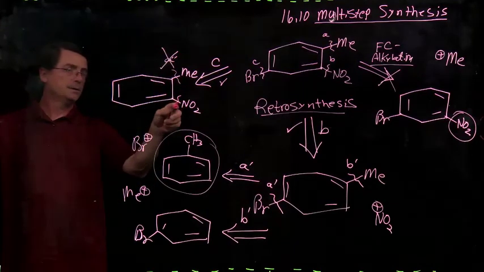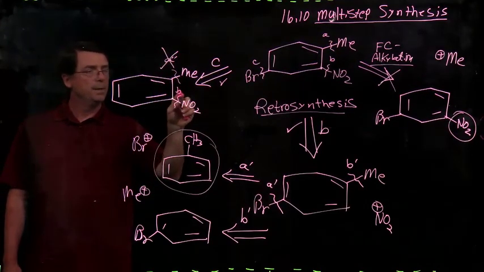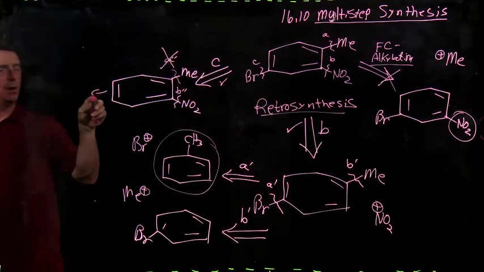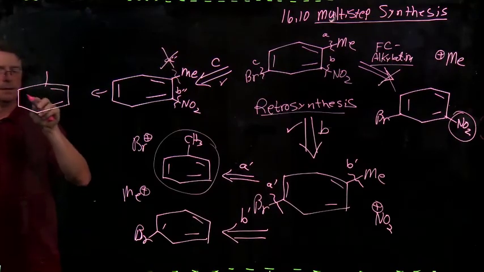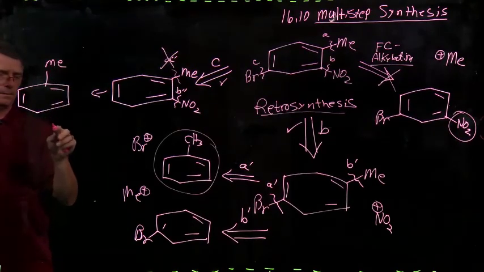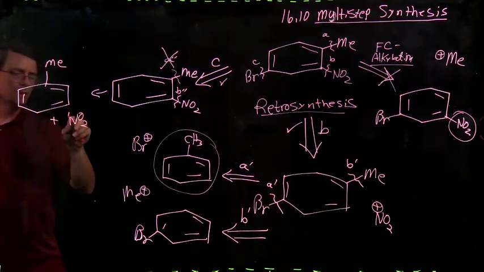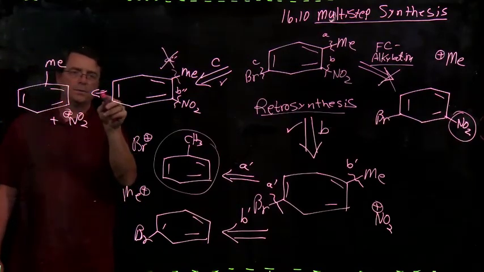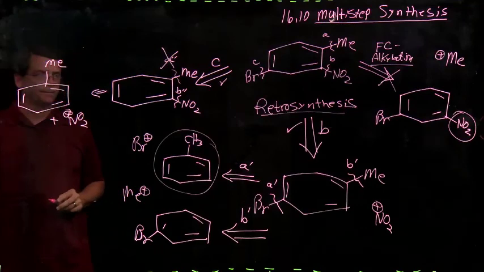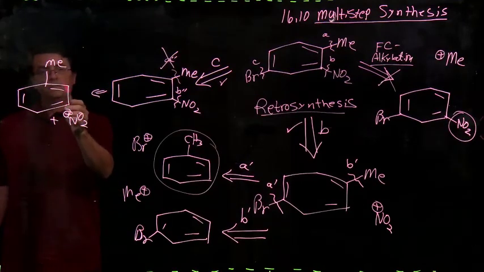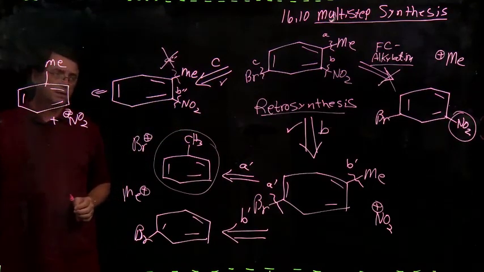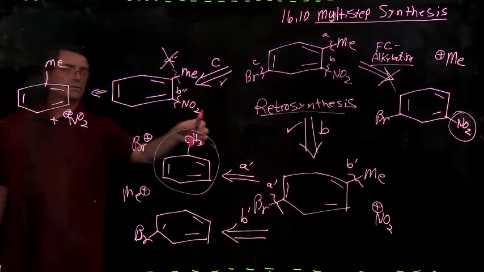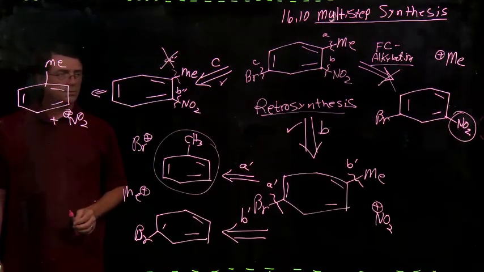Alternatively, we could take in B double prime, the nitro group off, and again that would give us toluene plus NO2 plus, and we know how to do the nitration chemistry. Okay, so methyl would be an ortho-para director, and there are conditions that could give us a preference for the ortho substitution. All right, I'm going to take a break and then I'll come back with the synthesis.